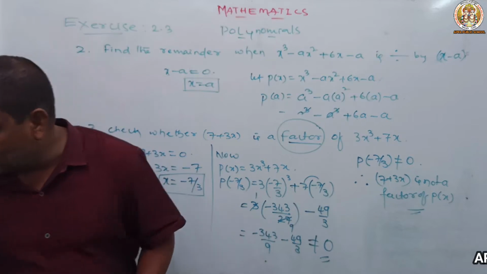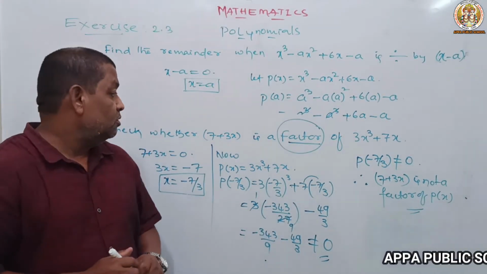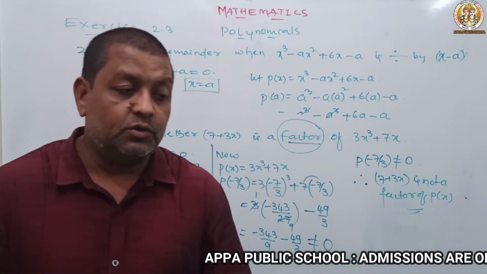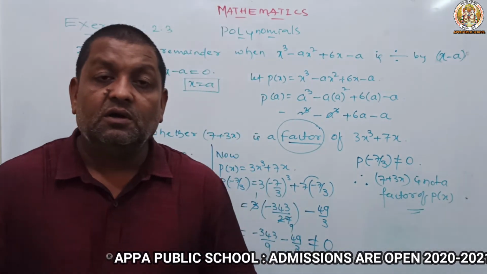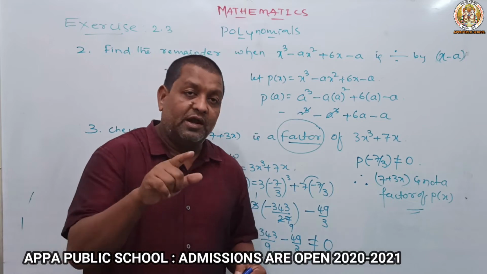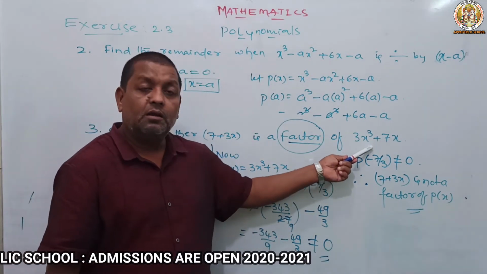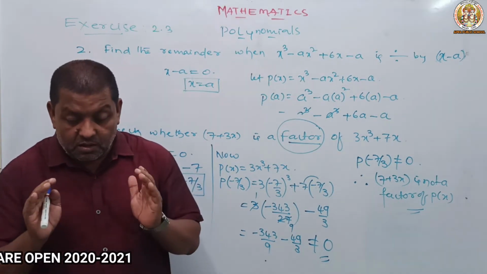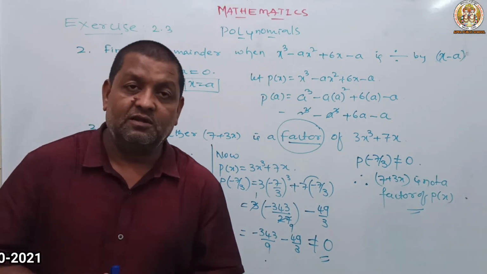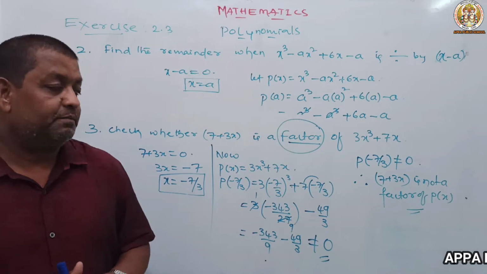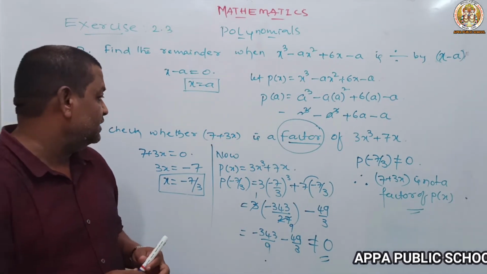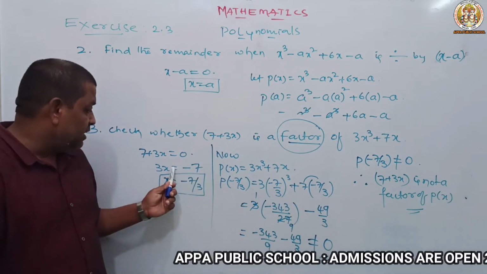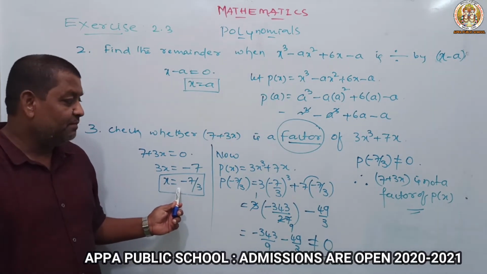So let me explain one more time. Here we need to understand the word factor. Factor means a divisor. When we are dividing the given polynomial, the remainder should be 0. It means the division is complete, so the remainder should be 0. Same as what we did in the remainder theorem: equate to 0, get the value of x.